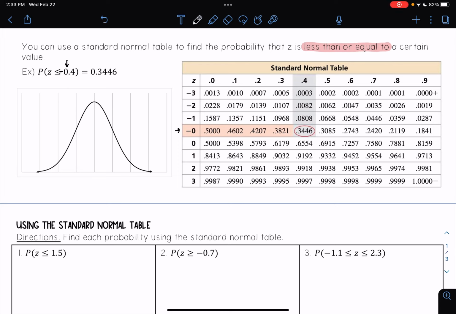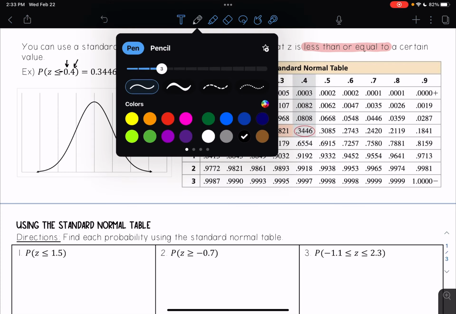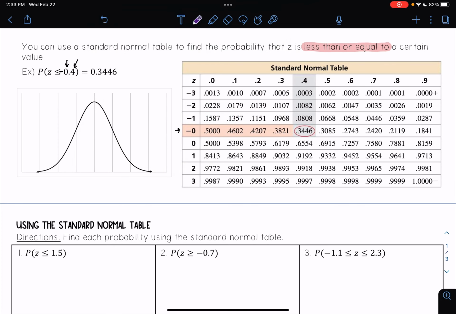Then to see what column I'm going to actually get my value from, I'm going to look at the number on the right-hand side of the decimal place. Here that was 0.4, so that's why we went to this column. And we found that the probability that z is less than or equal to negative 0.4 is 0.3446.